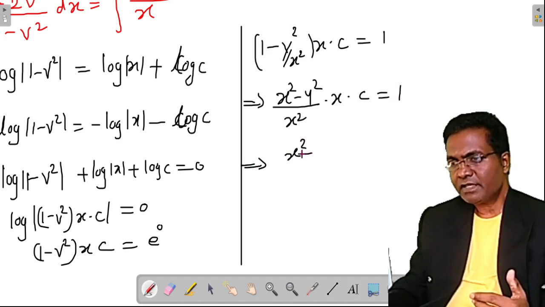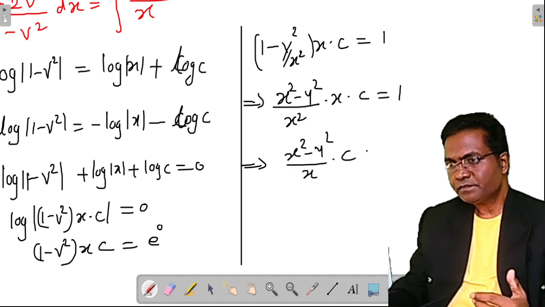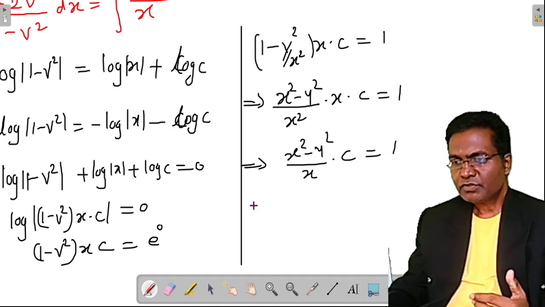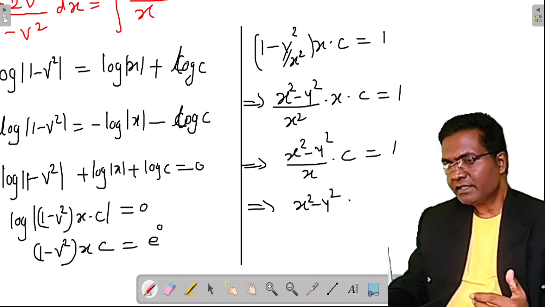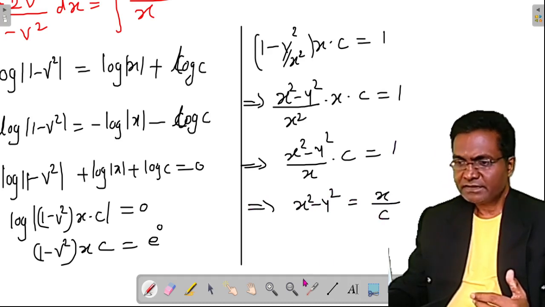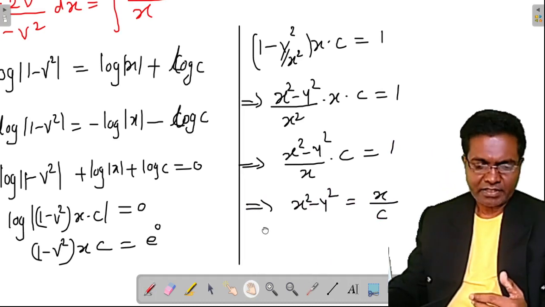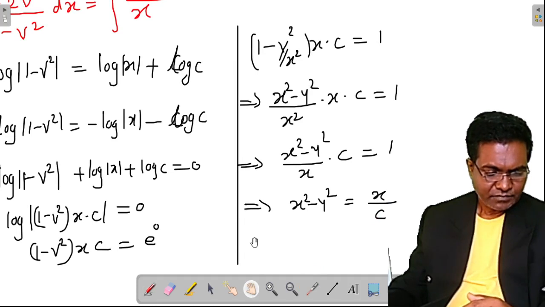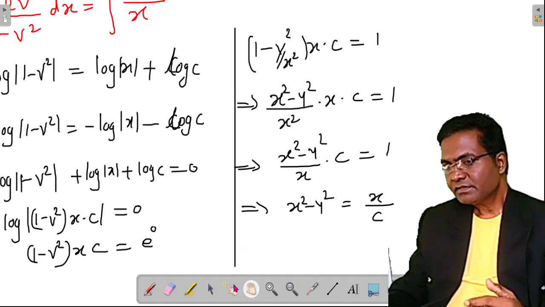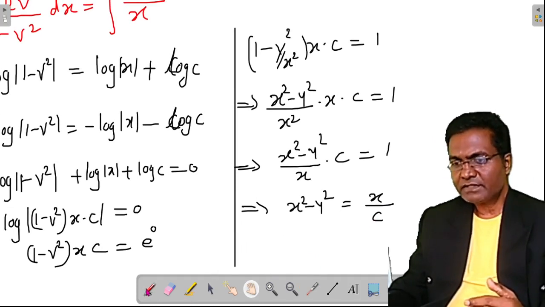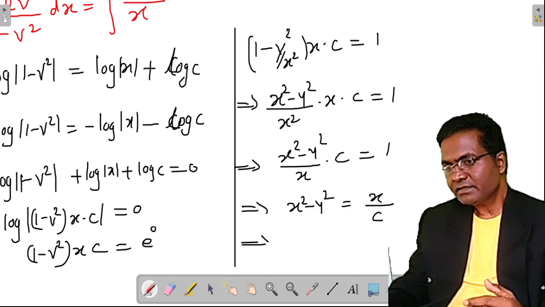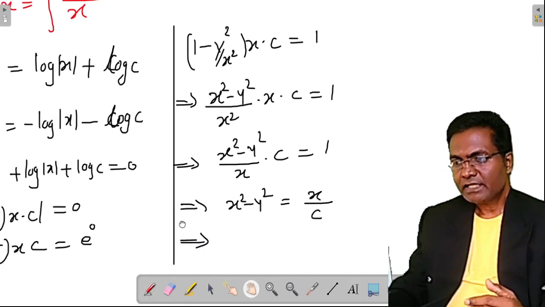This is x square minus y square, one x remains. So x square minus y square is equal to x by c. Now you are asked it is x square minus y square equal to something into x, cx.